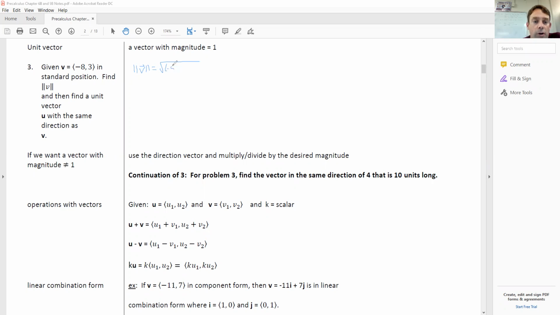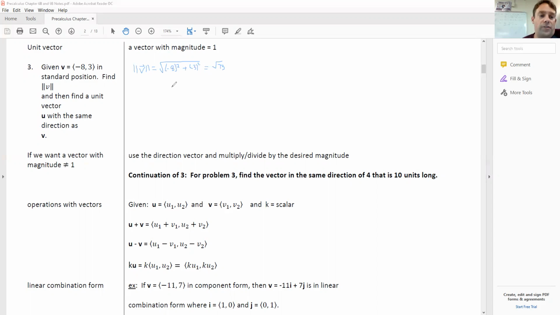So -8 squared plus 3 squared. And that would be the square root of 73. So that means this vector is root 73 units long, or has a magnitude of root 73.